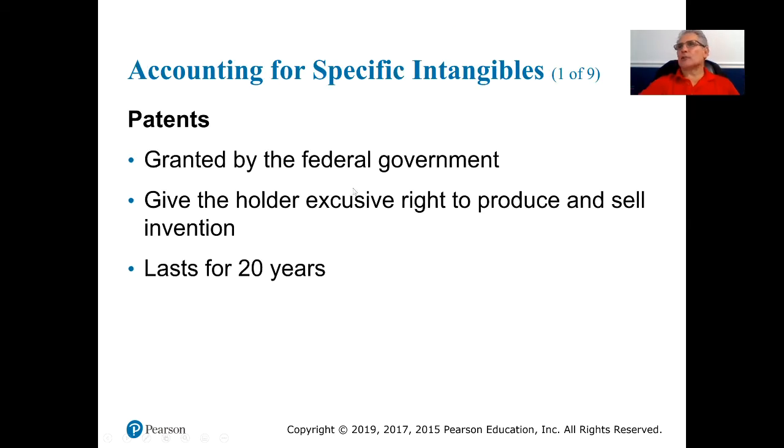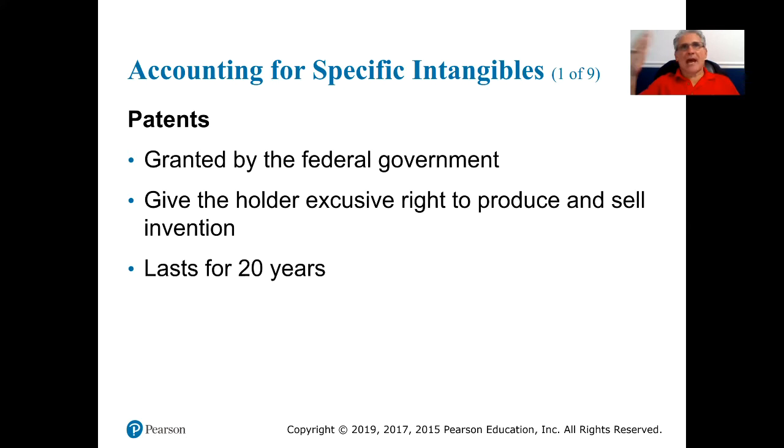The first thing we'll look at is a patent, and the patent does have a finite life. Patents are granted by the federal government, and they give the holder exclusive right to produce and sell an invention of some sort, and they last for 20 years. The amounts that go into the account are the costs incurred for the patent itself.